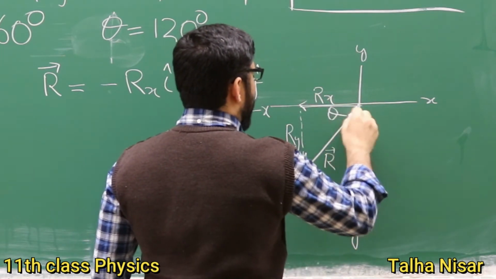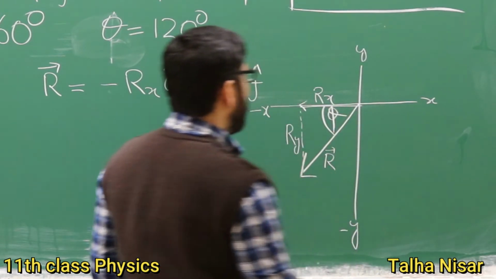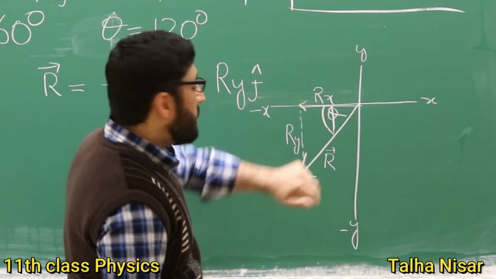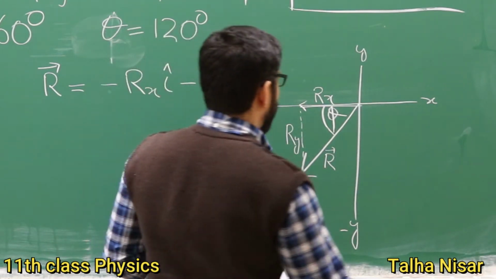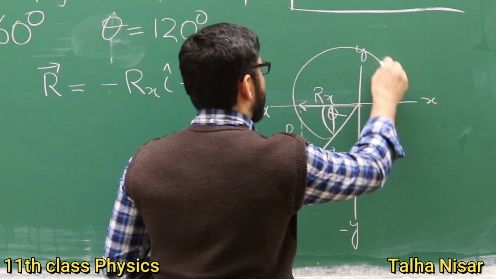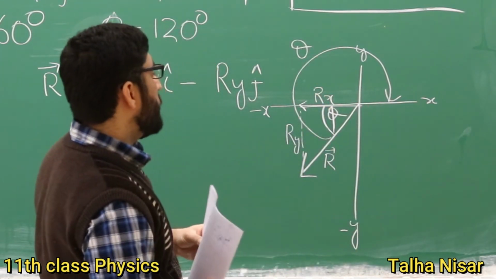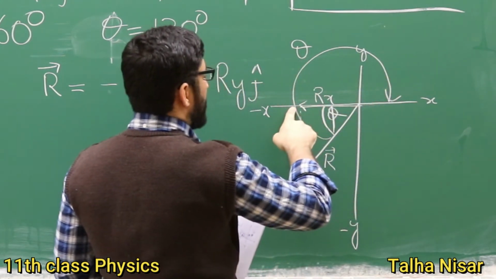So here the angle is phi in this case. We will find the value of phi using these perpendicular components, but since we are interested in this angle, which is theta, we can see that this straight line is 180.